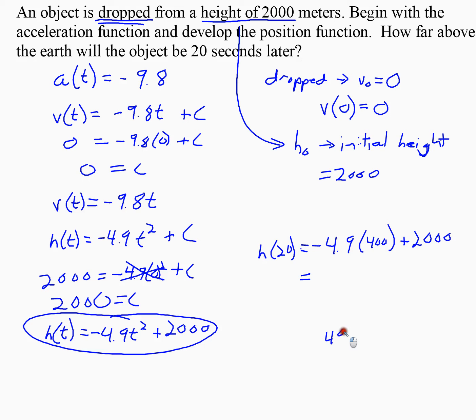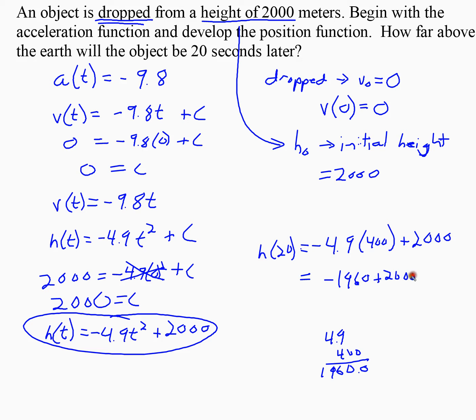We got 4.9 times 400, and we move the decimal over one place. So we get 1,960. So this is negative 1,960 plus 2,000.